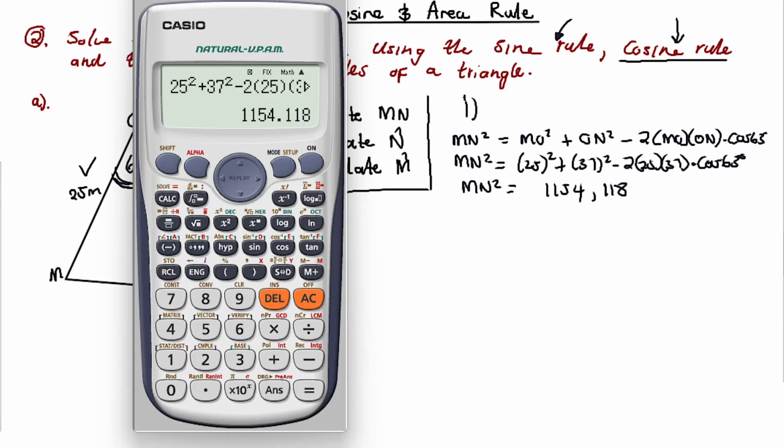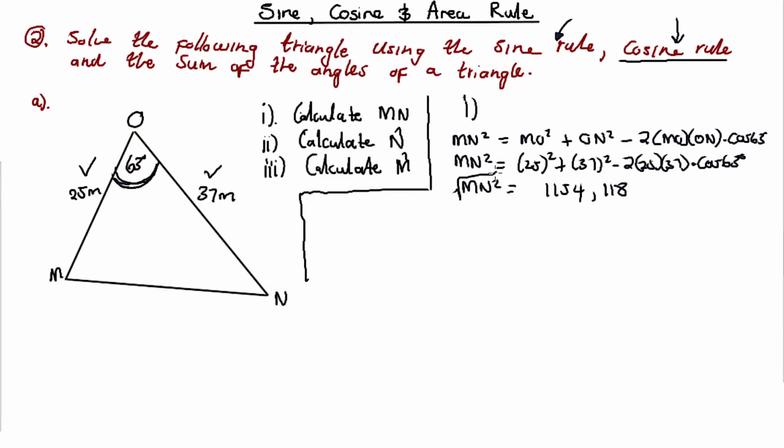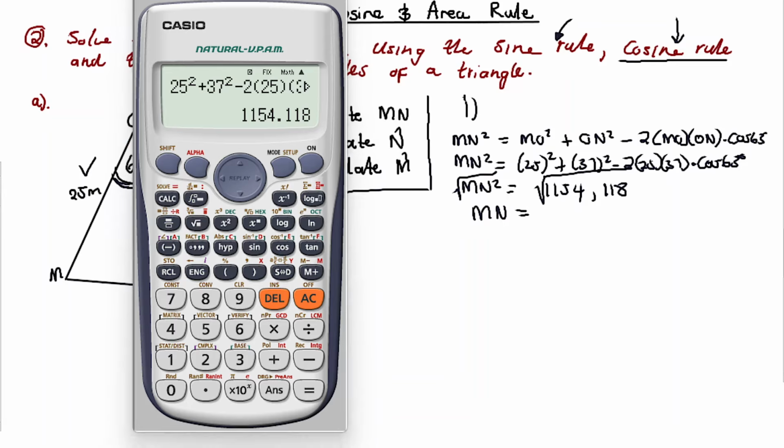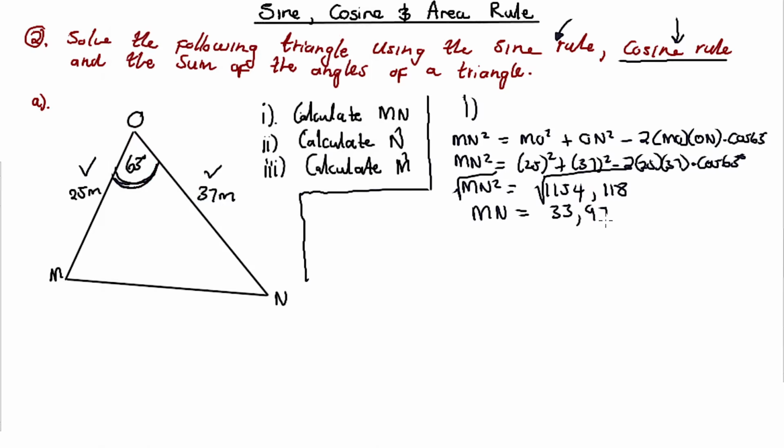Did I capture this correctly? Yes. So we take the square root on both sides so that we get MN. So the square root of 1154.118. The answer is 33.972 meters. So this is the answer for MN.